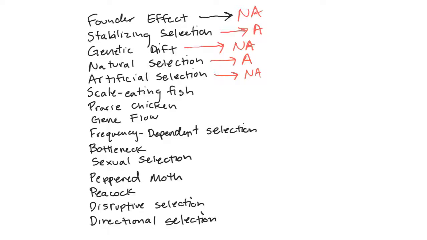All right, the scale-eating fish. Now, this wasn't on the video, but there's a type of fish with a parasite that goes after it, and its face has a little sucker on it, so this is the fish. And its sucker will be either right-facing or left-facing.